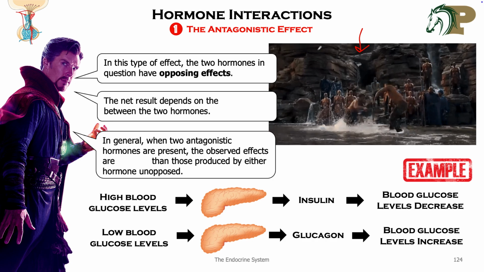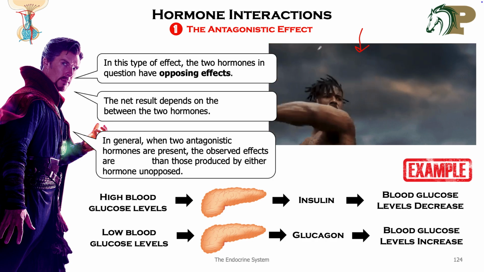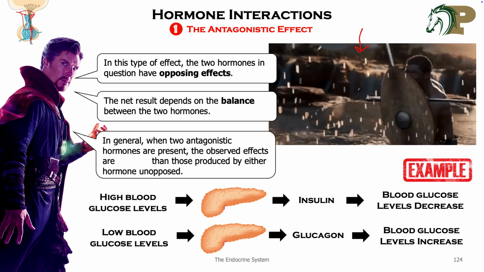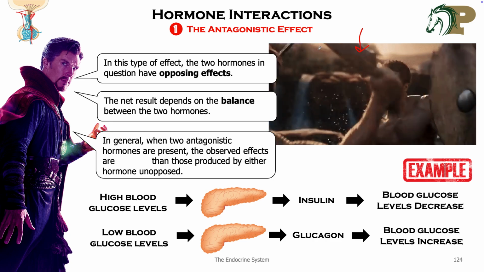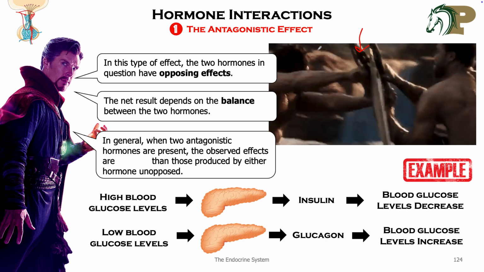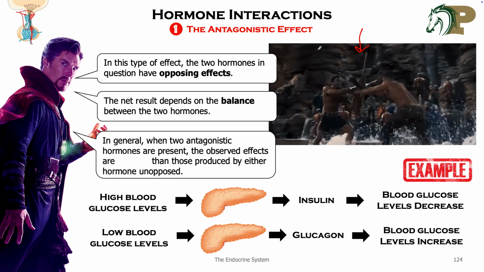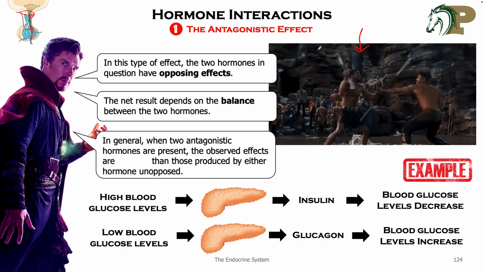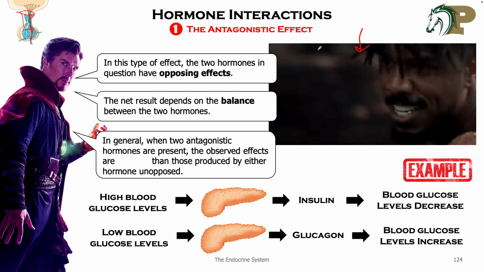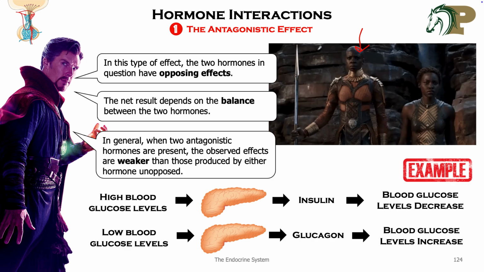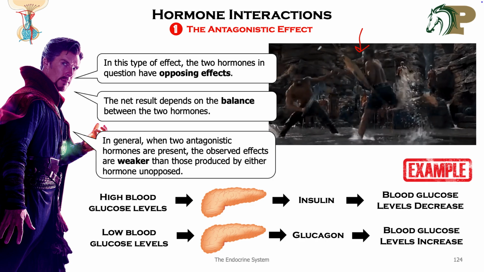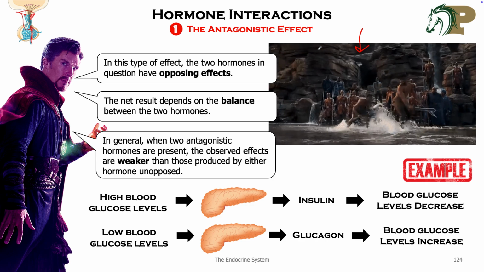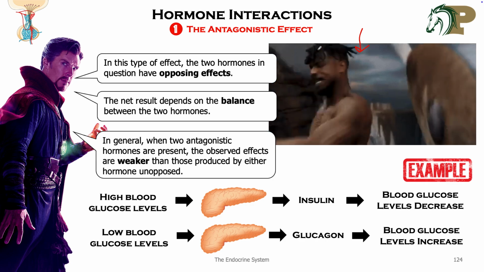The net result depends on the balance between the 2 hormones. In general, when 2 antagonistic hormones are present, the observed effects are weaker than those produced by either hormone unopposed.